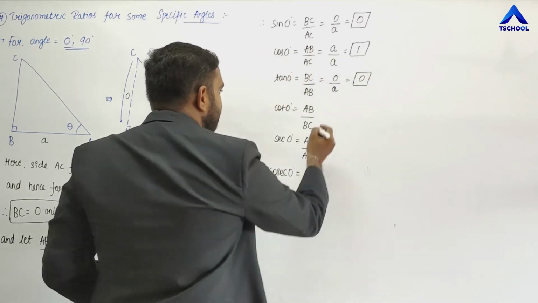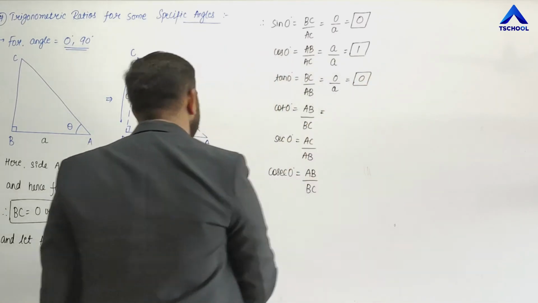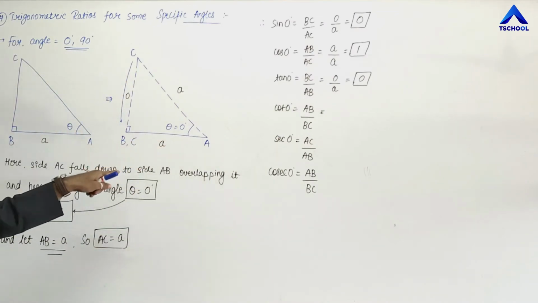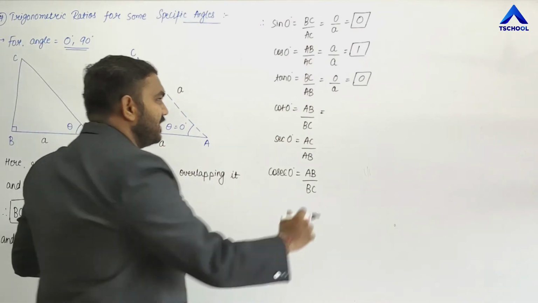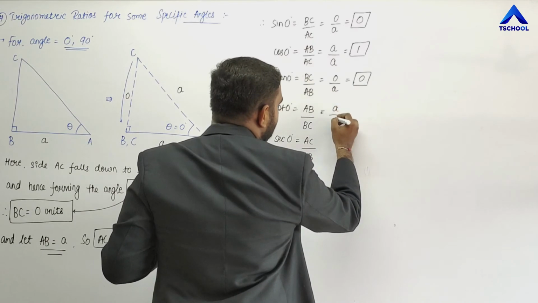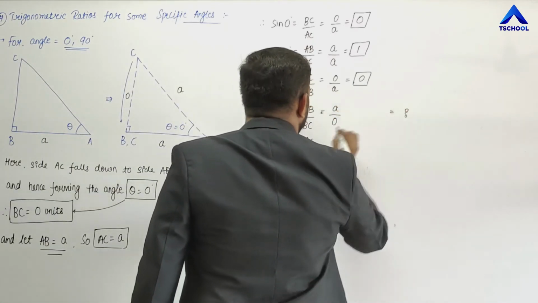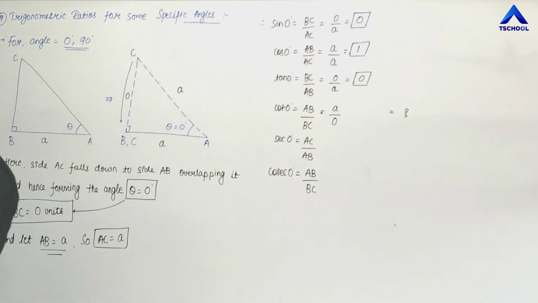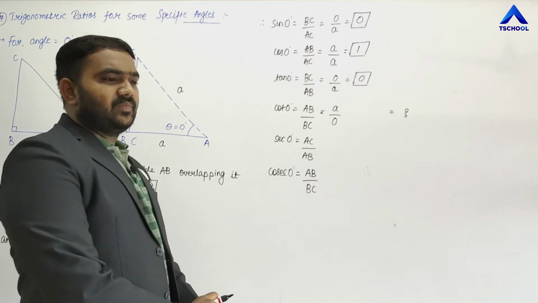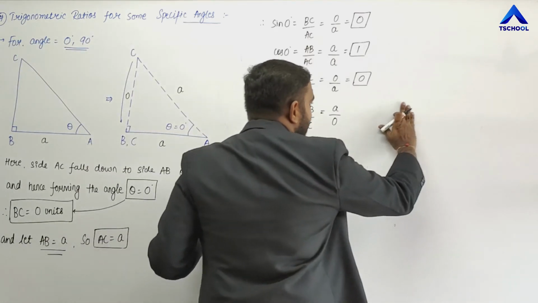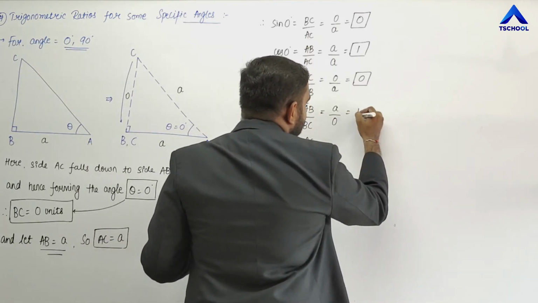Then cot 0, that means AB. What is AB? Side adjacent divided by side opposite, that is A upon 0. Now friends, what is A upon 0? Do you know what is the value of A upon 0 or any number divided by 0? The value of any number divided by 0, actually that is not defined.